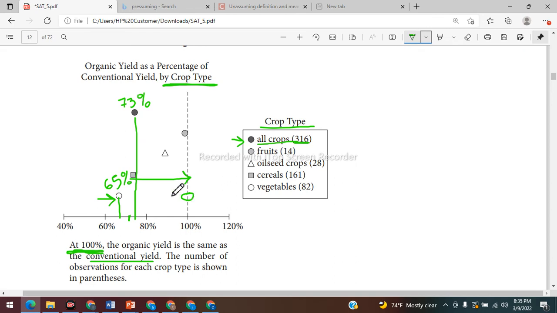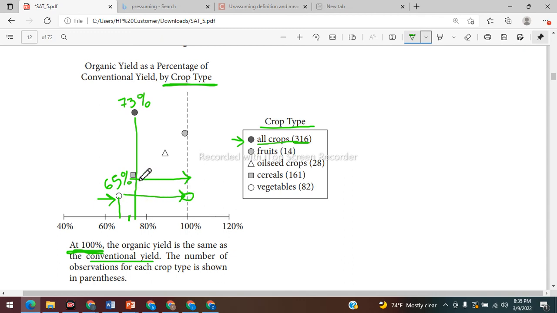But this circle is not at 100, it's at 65, which means that the organic crops or the organic farming did not yield as much as the conventional. In fact, it was far off from the conventional.